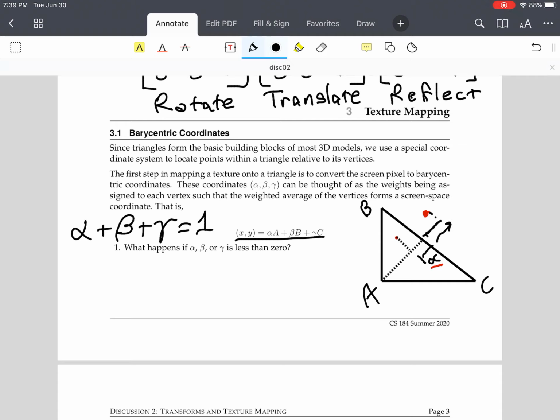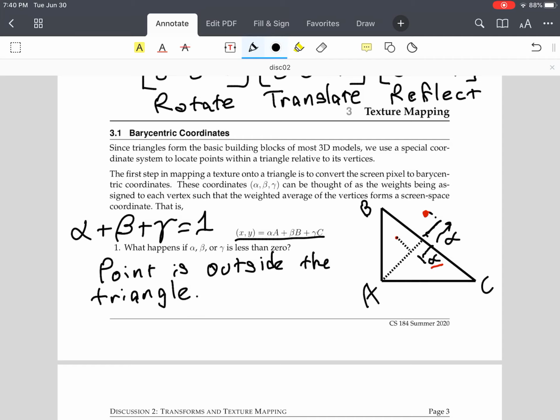And now this would be our alpha value, which would be negative because we are beyond the opposite side relative to A. So essentially what that's telling us is if alpha, beta, or gamma is less than 0, that means our point is outside the triangle. So I can go ahead and write this down. Point is outside the triangle.